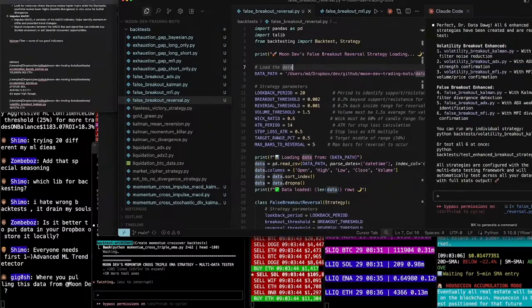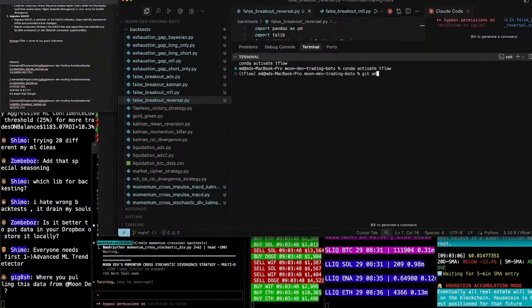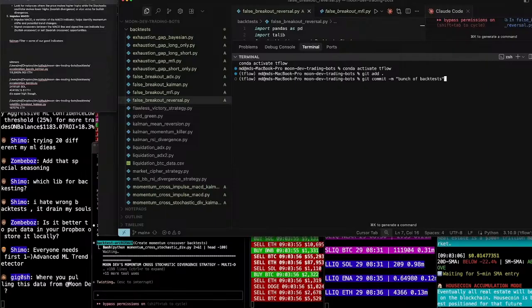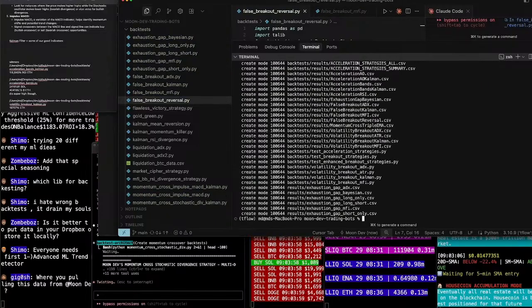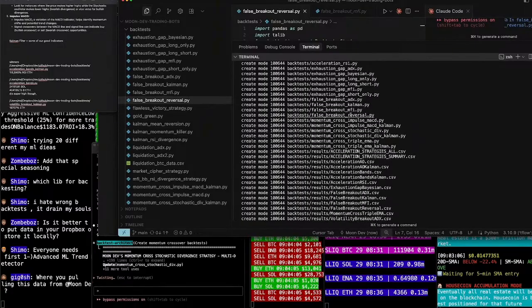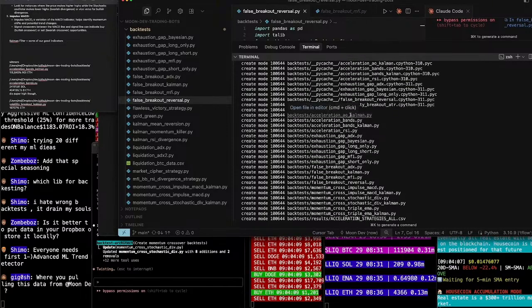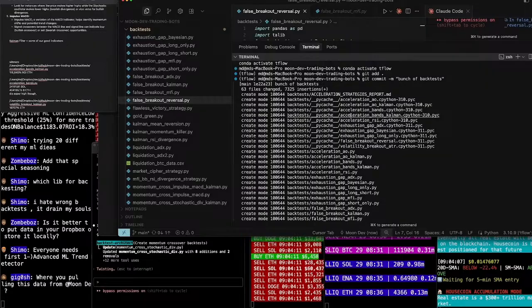Let me go ahead and get all these up to GitHub while I remember. Git add dot, git commit, a bunch of backtests. 25 files.